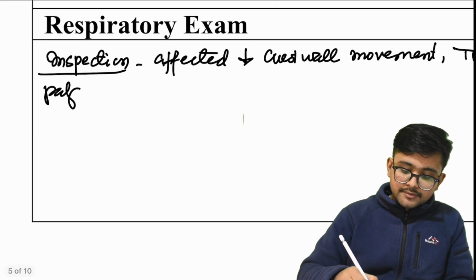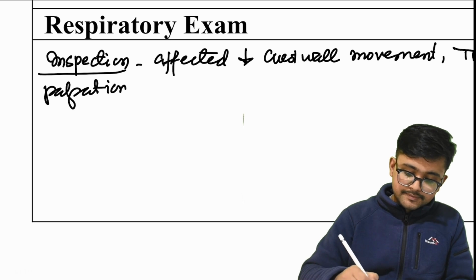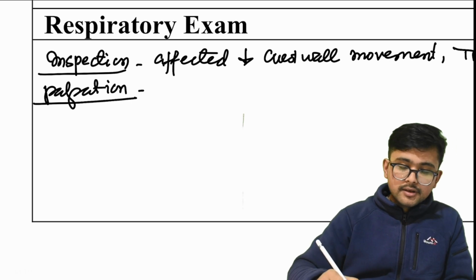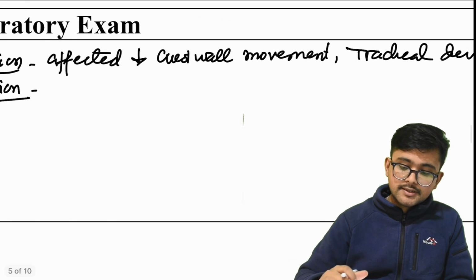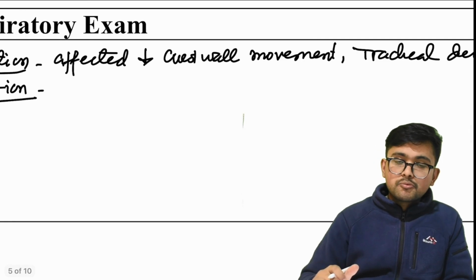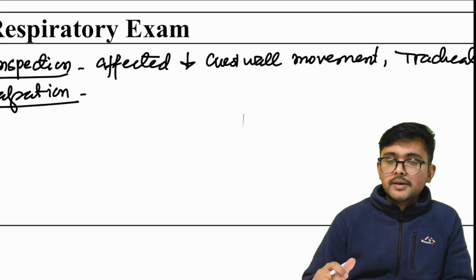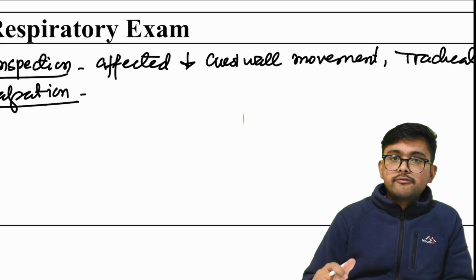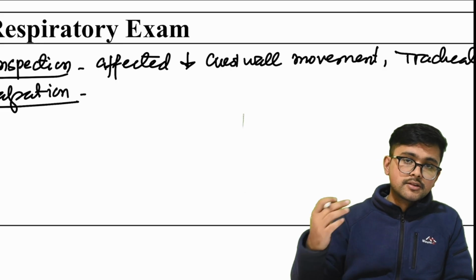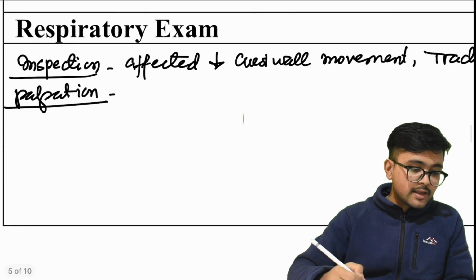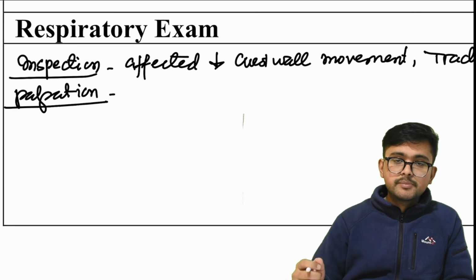In palpation, you confirm these things. So you confirm that there's decreased chest wall movement on the affected side and there is tracheal deviation. But one more thing that you need to understand is if there's paradoxical movement of the chest wall in a trauma patient, there might be flail chest on top of a pneumothorax. So that should be in your mind all the time, and that just complicates the treatment and prognosis for the patient.